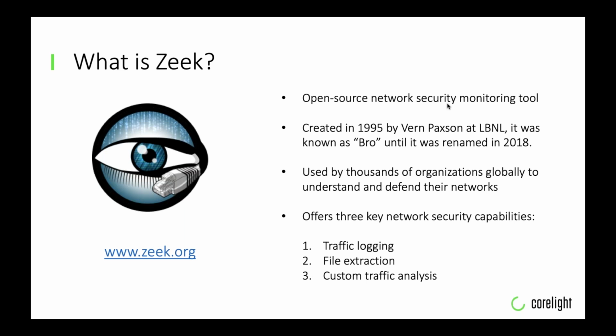So instead of having to capture PCAP and then do file carving out of it, you can extract files off the network easily. And then the last piece is custom traffic analysis, which refers to the scripting language. Because there are protocol analyzers out there that are not yet supported by Zeek, you can do a little bit of research and then write your own custom analysis for it.